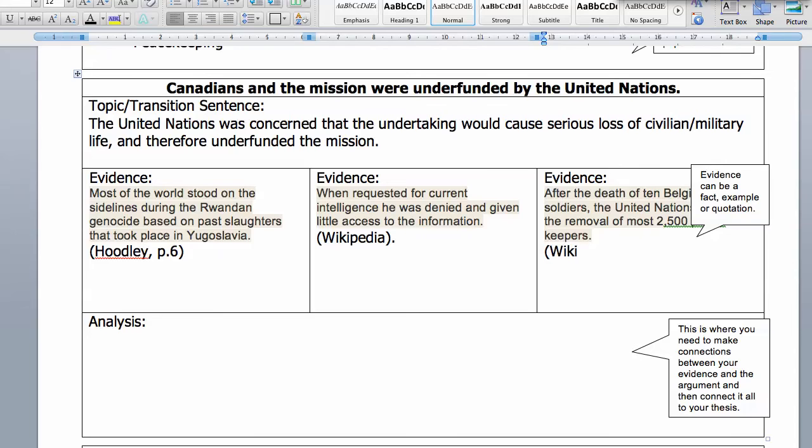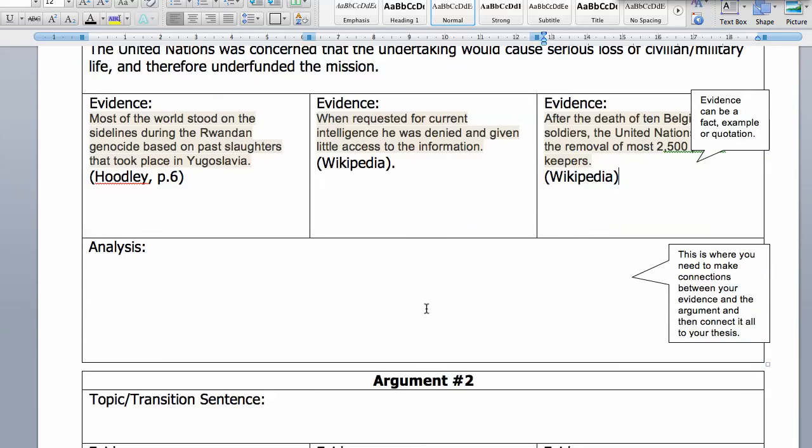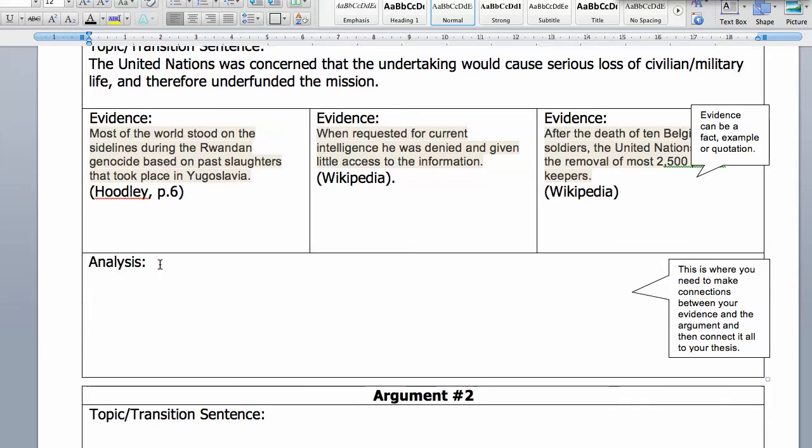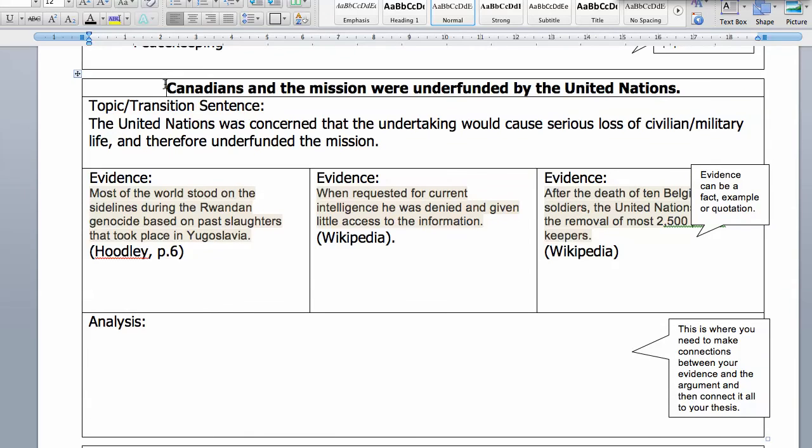This one also came from Wikipedia. If you look at my topic sentence, the United Nations was concerned that the undertaking would cause serious loss of civilian military life. Yeah, taking 2,500 people out definitely proves that. So when I come to the analysis and go to prove my point that Canadians and the mission were underfunded by the United Nations, it's pretty much proof in the pudding already. We can touch on all 3 pieces of this evidence.